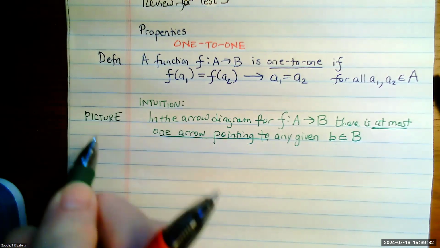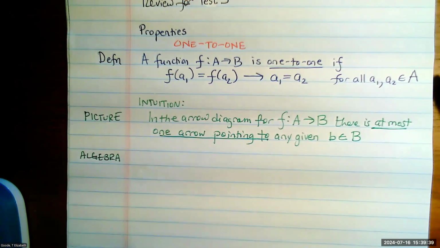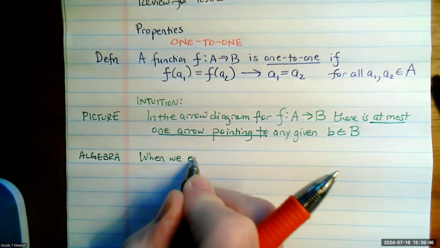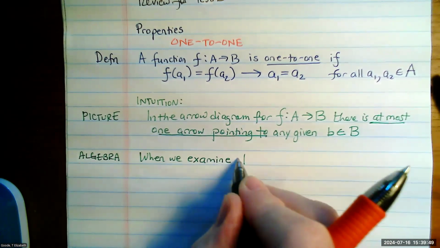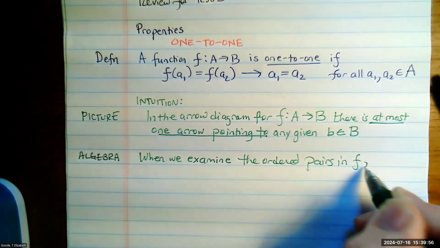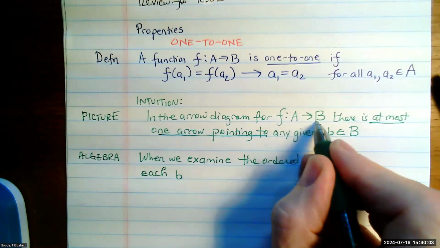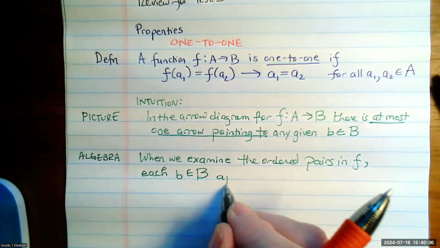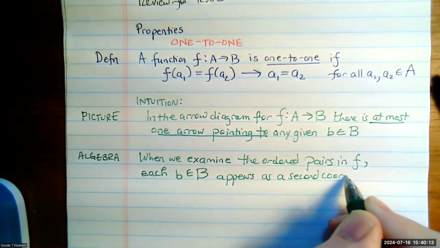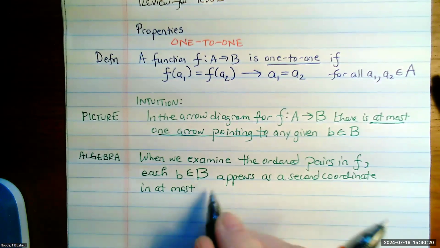But if you want to think about the algebra intuition, where we're thinking about f as a set of ordered pairs, because that's what it is, when we examine the ordered pairs in f, each element little b in the codomain big B appears as a second coordinate in at most one ordered pair.